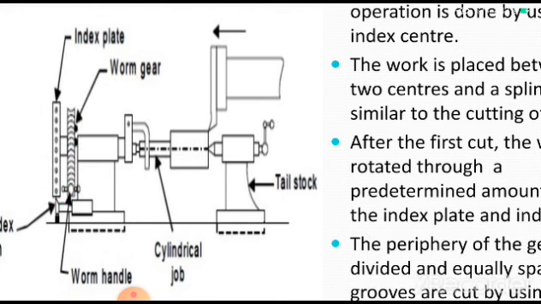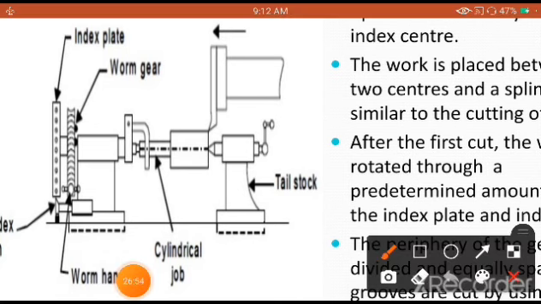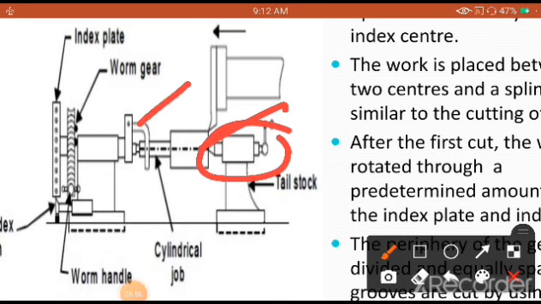We need to understand that this plate will provide us an angular motion. That much you remember. Here we are going to consider a tailstock with the center, and we are also going to use the dog and a cylindrical workpiece, and the stroke is given in this way.